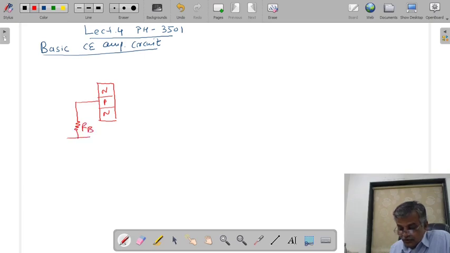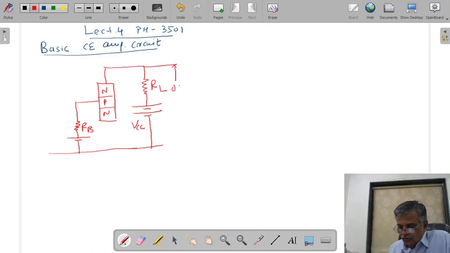I use this word, so what does it mean? I will explain you, bias resistors. Here this is called load resistor RL. This is your supply voltage, and here you are taking the output voltage.